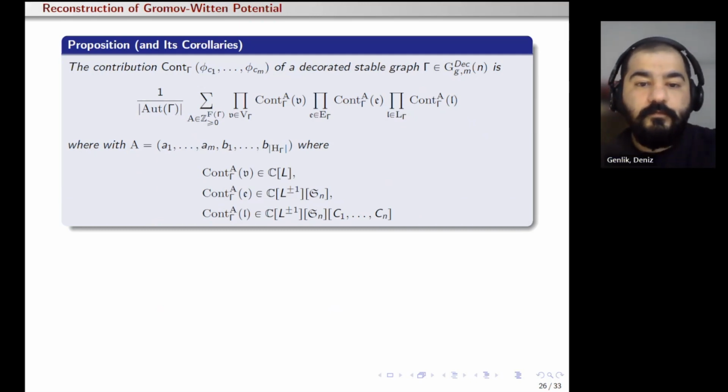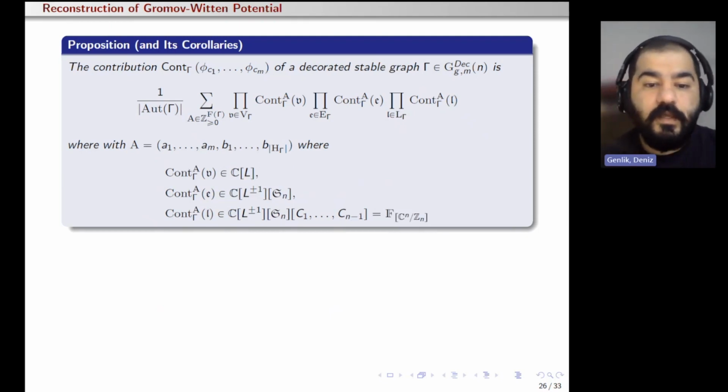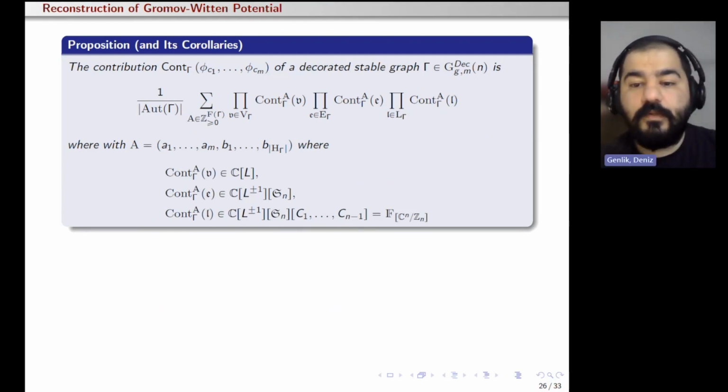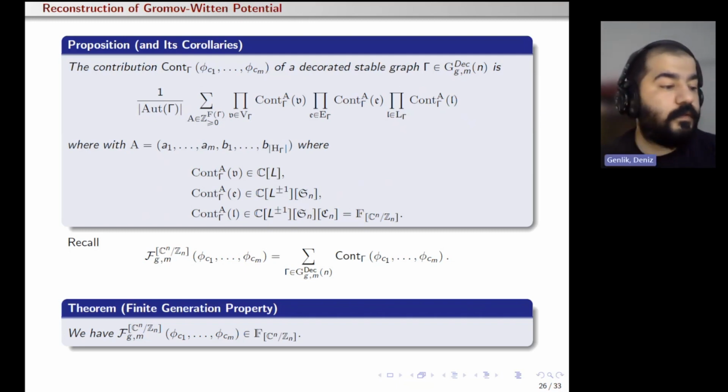So then we obtain the lift of vertex, edge, and leg contributions to the very last free ring here, and we define this to be f sub c n to the zn, and this is where our potential lifts to. So this is basically saying that the Gromov-Witten potential is a polynomial in this free algebra. Any questions so far?